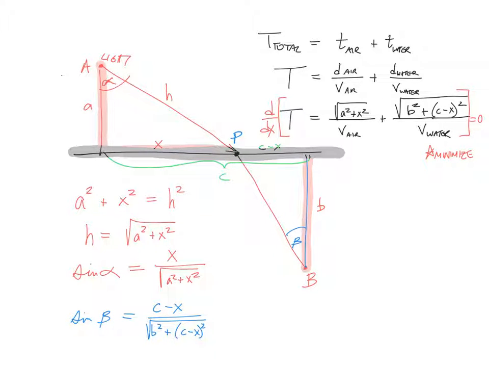That's what we just did, minimize the time. And so you would choose a path that gets you to the water at a point where you spend the least amount of time in the water. And this is what Fermat thought of in his principle of least time, and Snell's law arises from that kind of thinking.